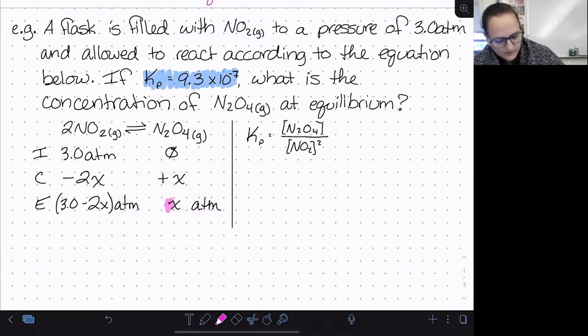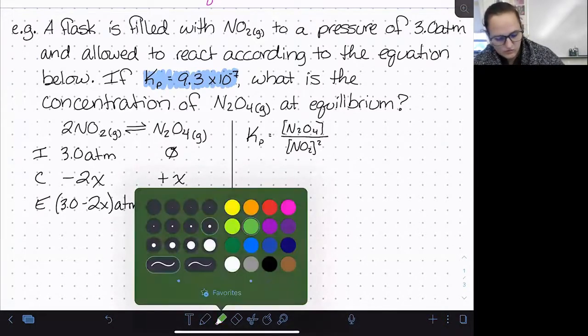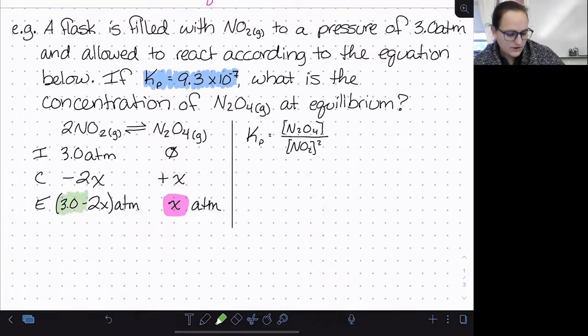So we know the value of K, we're given that in the problem, and we have the equilibrium pressure of N2O4 expressed as x, and the pressure of NO2 at equilibrium expressed as 3 minus 2x.